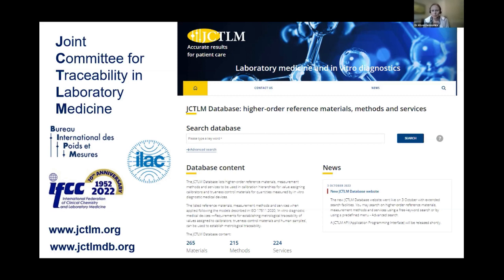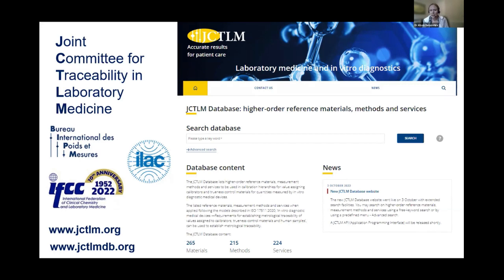So ILAC is the International Laboratory Accreditation Cooperation, and IFCC has that international role in clinical chemistry and laboratory medicine. And the JCTLM database has recently been launched in a new version.